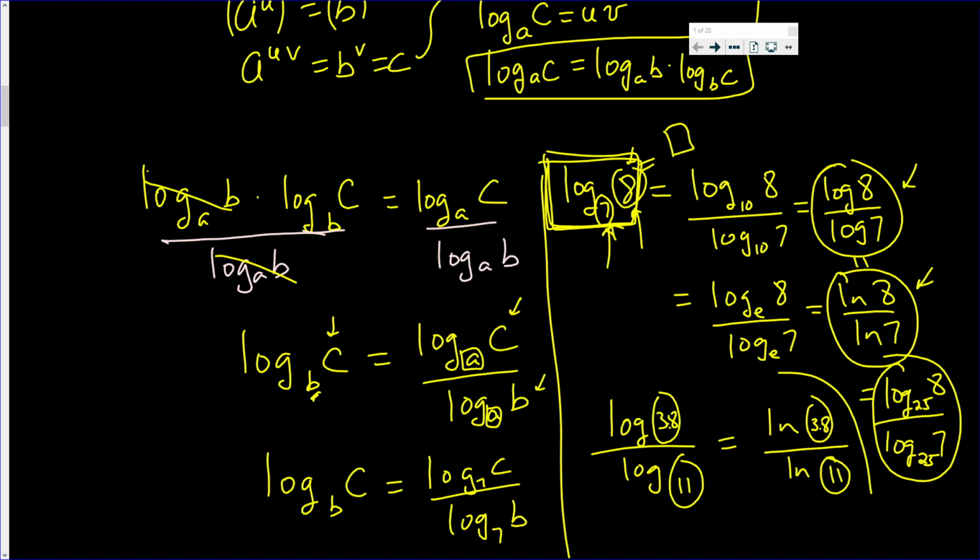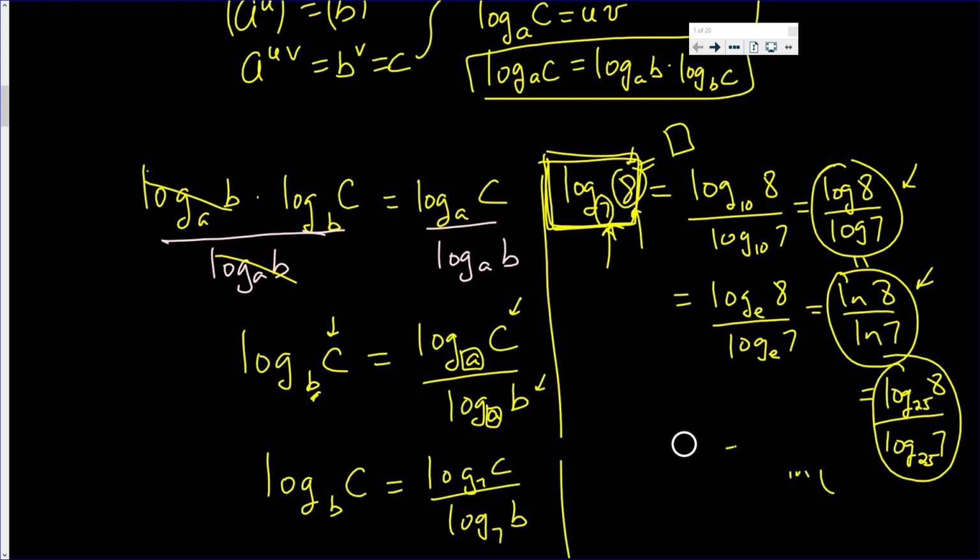Doesn't matter what base you pick. Of course, again, if you want to use a calculator, you better either use ln, or use log. Don't use log base 25, but it wouldn't be wrong.